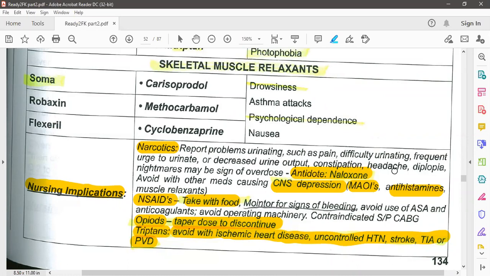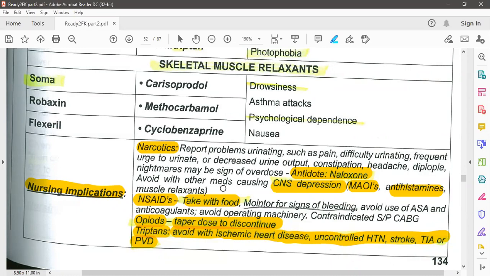Constipation, headache, diplopia. Diplopia means double vision, nightmares, may be a sign of overdose. So if your patient has an overdose of morphine, meperidine, hydromorphone, fentanyl, or codeine, we use an antidote, and this antidote we call naloxone, the common one.